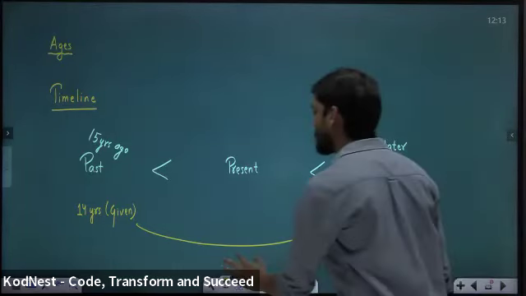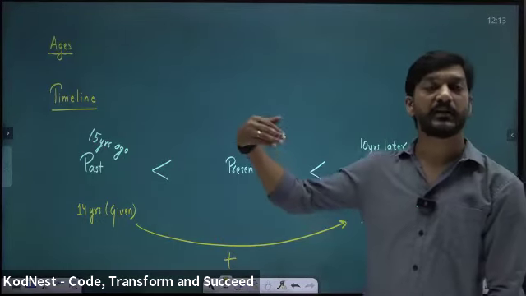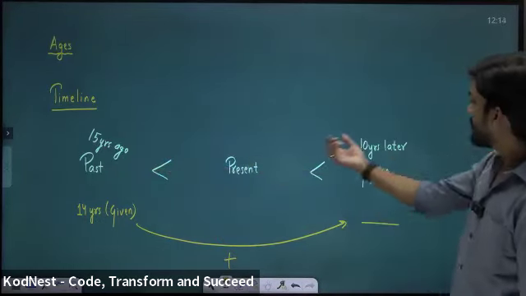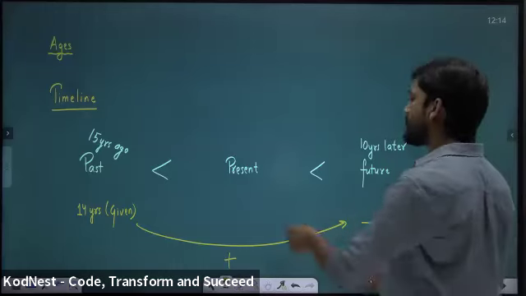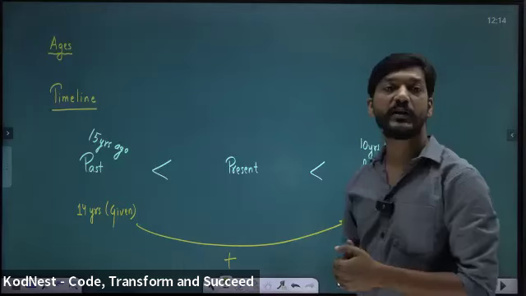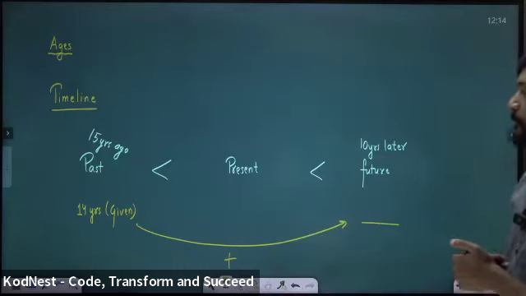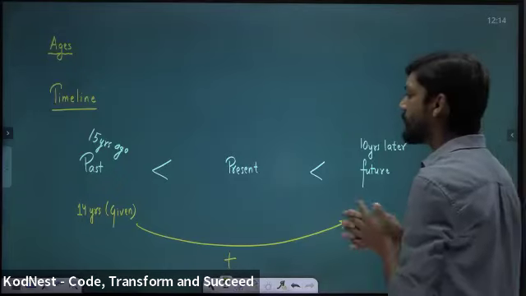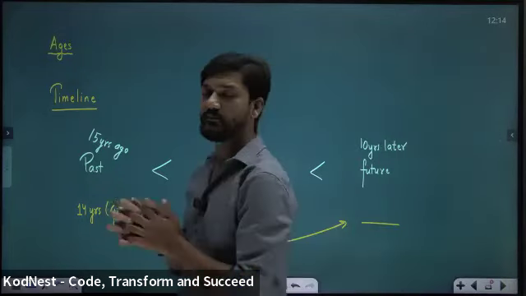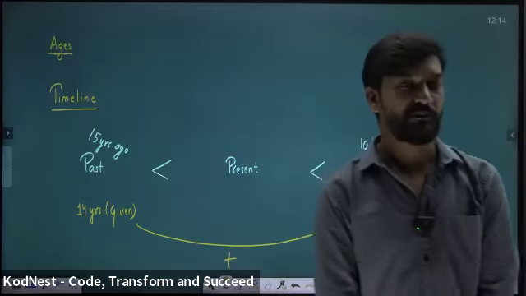So plus. Okay. But how much plus? It is 15 years in the past. It is 10 years in the future. Will you say, sir, 15 and 10, difference is 5 years? Carefully answer. Will you say difference is 5 years? How come you are getting 25? Sorry. How is it possible?